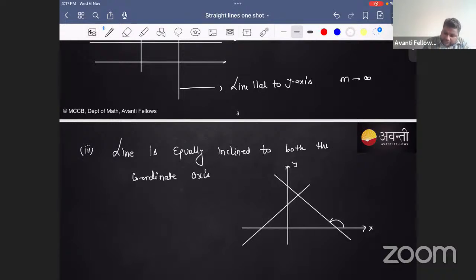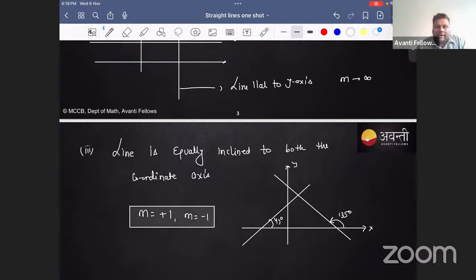In that case, this angle will be 135 degrees or this angle will be 45 degrees. So in that case, the slope of the line can be +1 or -1. Am I correct? Equally inclined with both the coordinate axes, so the slope will be +1 or -1. So these are very basic things about the slope and inclination of a line.